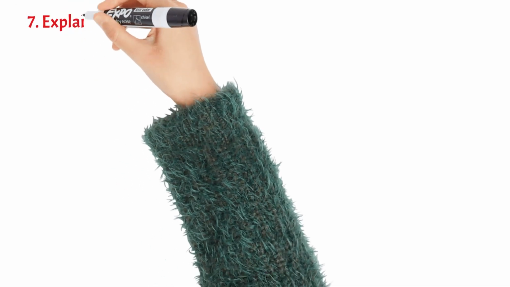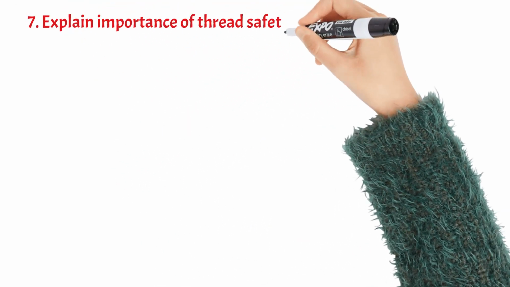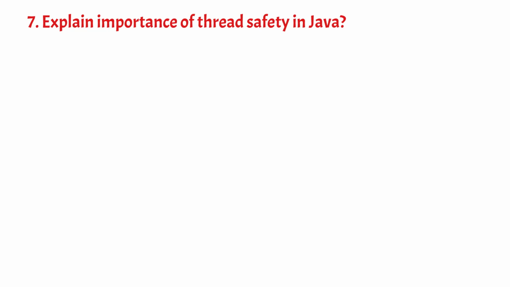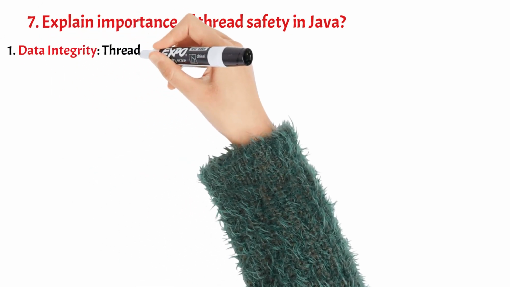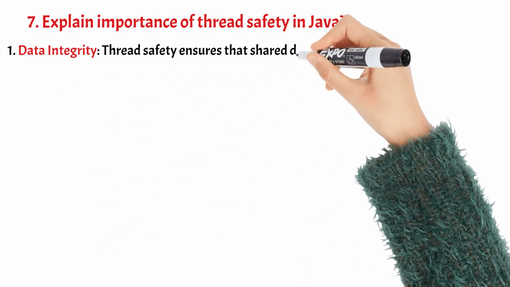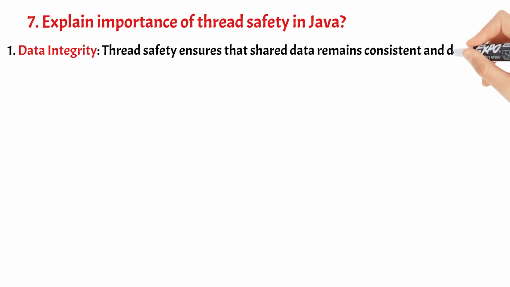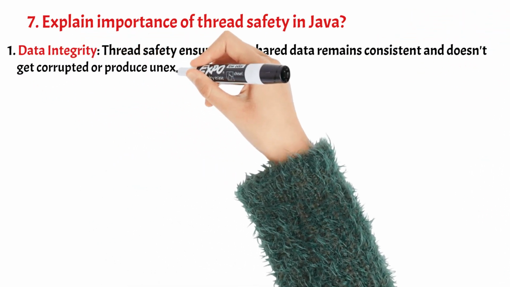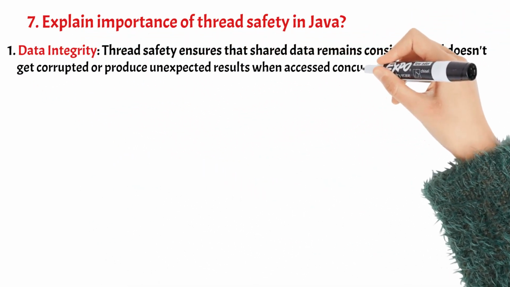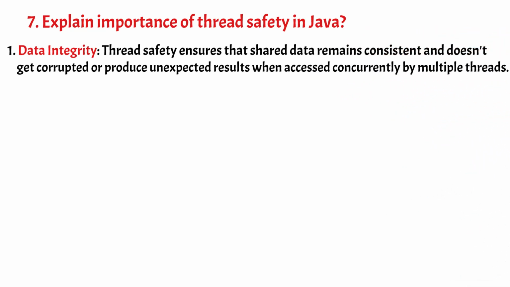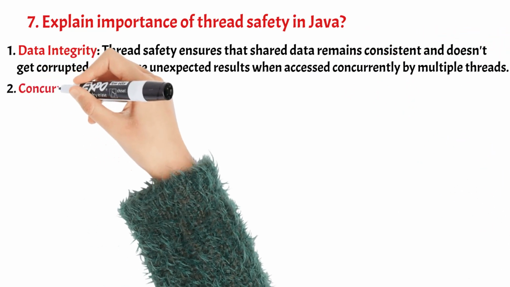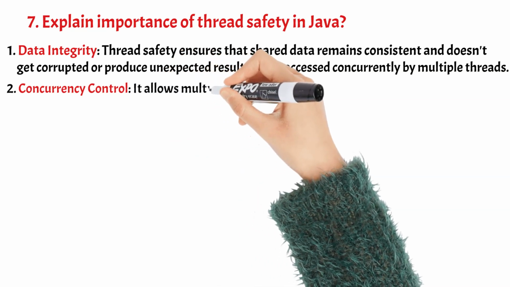7. Explain the importance of thread safety in Java. 1. Data integrity. Thread safety ensures that shared data remains consistent and doesn't get corrupted or produce unexpected results when accessed concurrently by multiple threads. 2. Concurrency control.